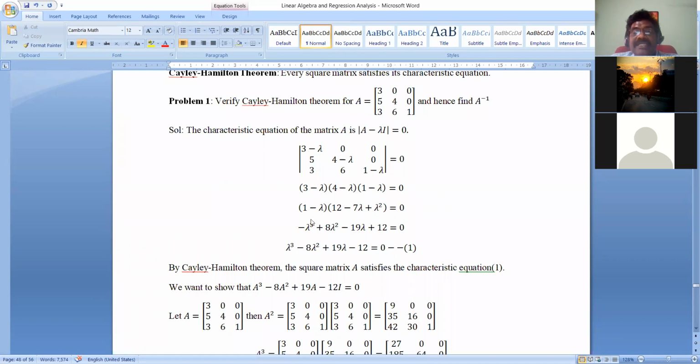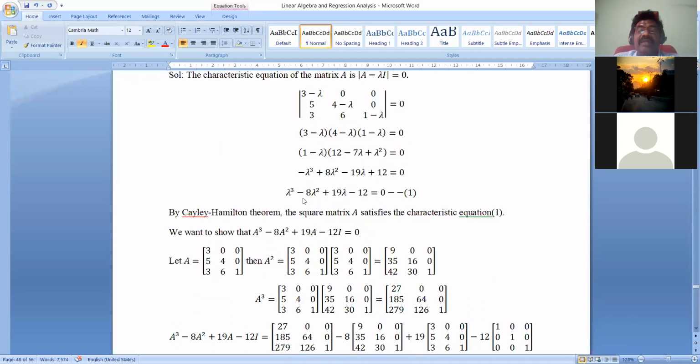That means minus lambda cube plus 8 lambda square minus 19 lambda plus 12 equal to 0. Now multiplying with minus 1, we get lambda cube minus 8 lambda square plus 19 lambda minus 12 equal to 0, treating that as equation 1.